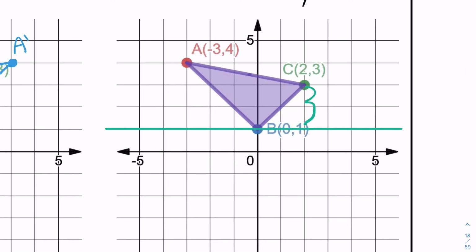So 1, 2, 1, 2. So that's C prime. And then A is 1, 2, 3. So it's 1, 2, 3. So A prime is right there. And I'm just going to connect A, B, and C, which is pretty cool.